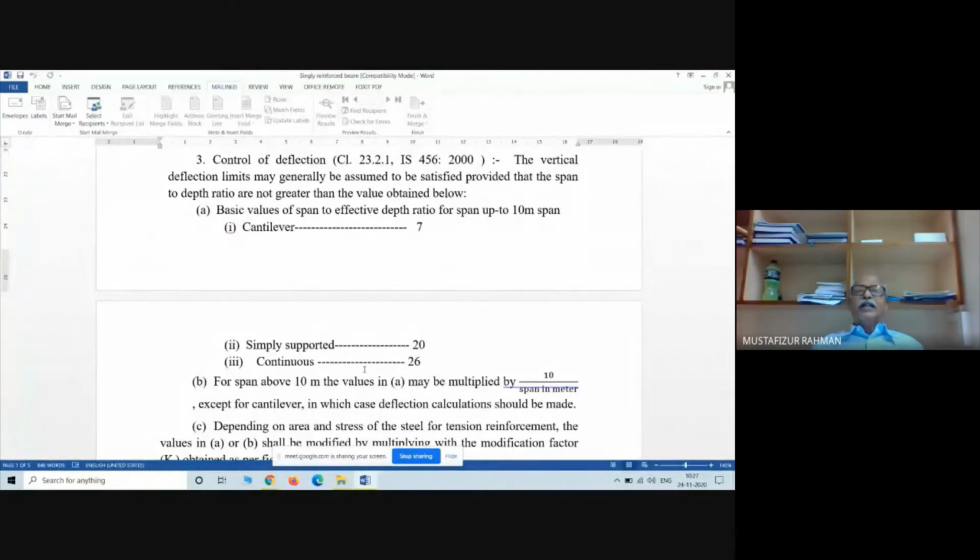For a simply supported beam, if the load acting on that beam is uniformly distributed W, then the maximum deflection will occur at the midspan point, and that value is 5WL to the power 4 divided by 384EI. This is the maximum deflection.